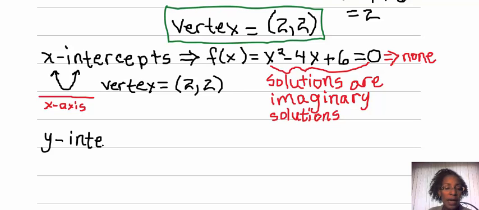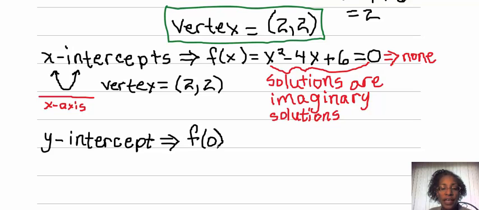We find y-intercepts of any kind of function or graph of a relation by replacing x with 0. The nature of a quadratic function is such that if x is 0, the result is always going to be the constant of your function.